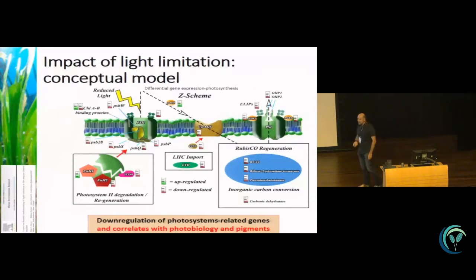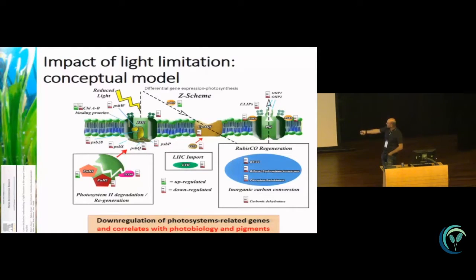Okay, so this is the next challenge, is how you take this gene regulation and make a conceptual story. You have to make cartoons. Now, most of you in the audience aren't excited by the Z scheme, but just quickly, this is the Z scheme. So photosystem 2, photosystem 1, electron transport through the thylakoid, cytochrome B6F. Now, what you have to look for is these little boxes.